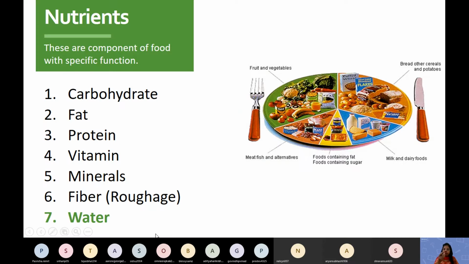Now, when you are eating any breakfast or lunch, what we eat exactly are called nutrients. Nutrients are the components of food with specific function. In your meal, either breakfast, lunch or dinner, you have carbohydrate, fat, protein, vitamins, minerals, and fiber and roughage. So these are called nutrients.